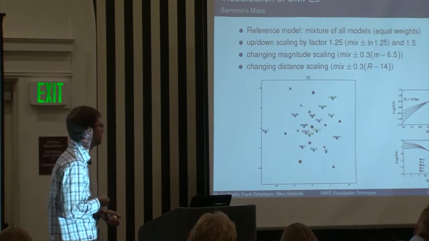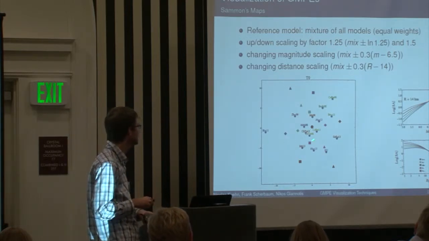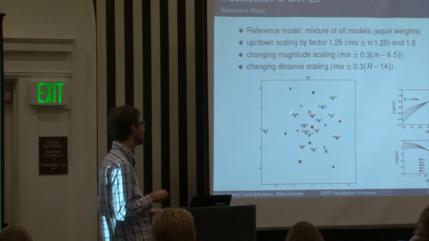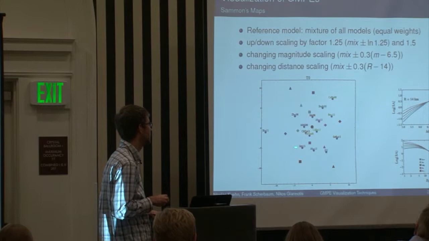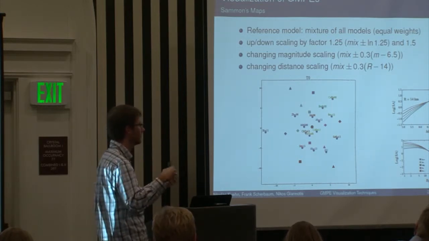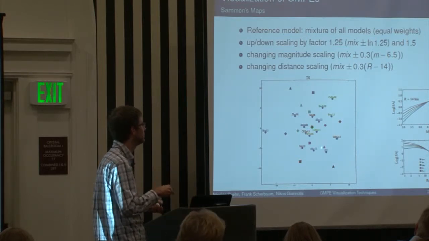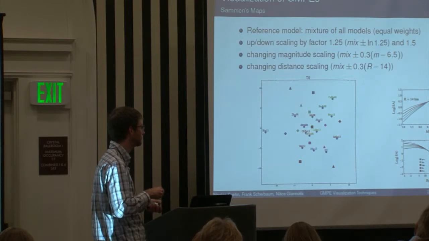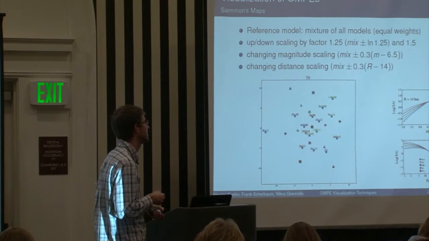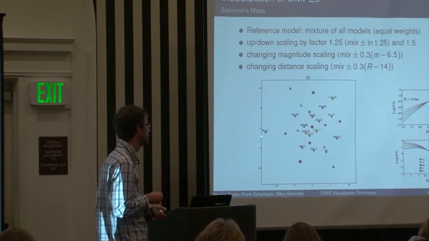And this is then how it looks when I plot the models on top of that. What you see is they're all inside this range that I had before. So inside this range of the reference model, which is right in the middle there, but also inside the scaled up, scaled down, and changed magnitude and distance scaling, except the Bindi et al. model.